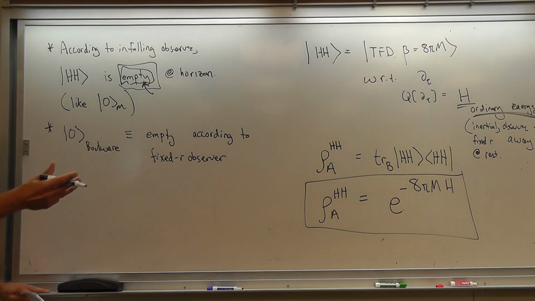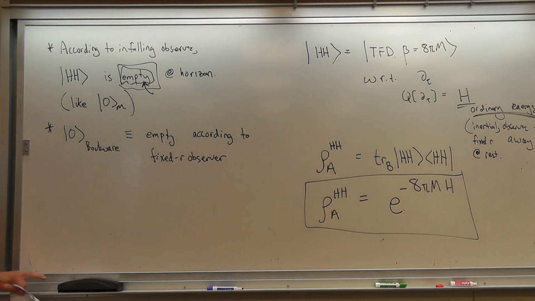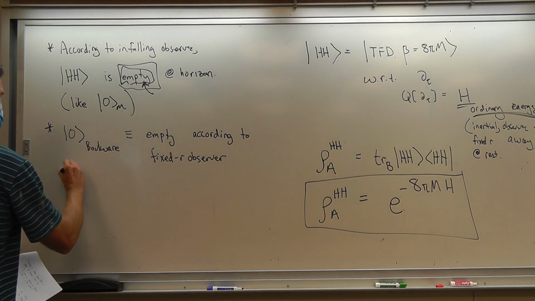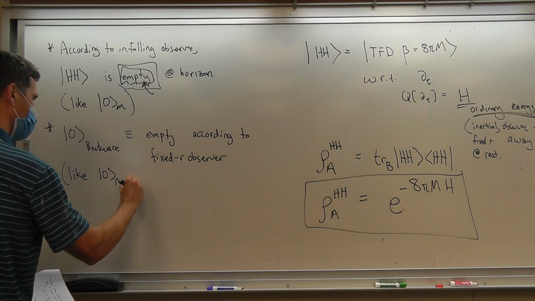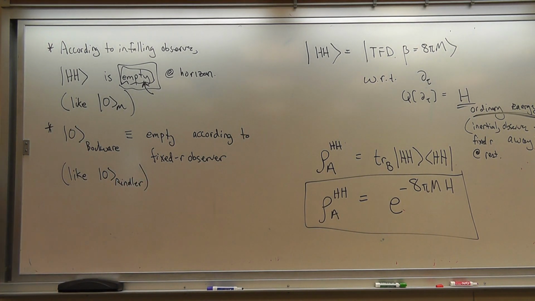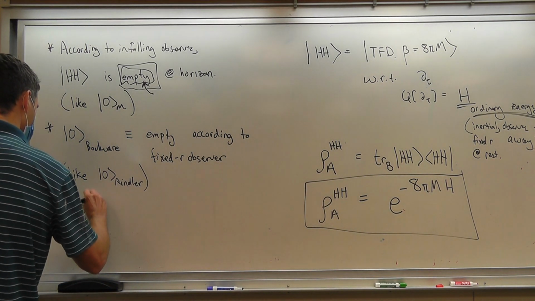So that's called the Boulware vacuum. It's a choice of state. You can choose this state if you want. There's no Hawking radiation in this state. There's no thermal radiation whatsoever in this state. You should think of this as being like the Rindler vacuum. When we talked about Rindler space, we said that you could pick a vacuum for Rindler with no Rindler particles in it. And it's a very weird state because this state is singular on the horizon.